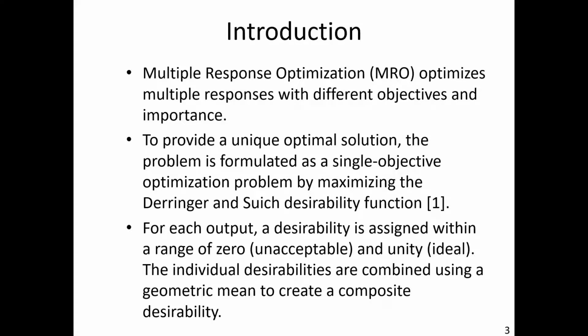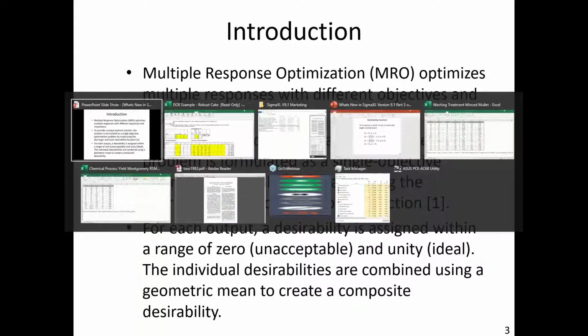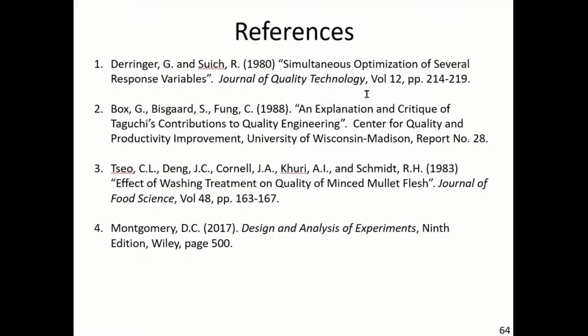Okay, so Derringer and Suich, the reference is from Journal of Quality Technology. So it's an important paper that gives the methodology and the formulas in what we're doing here. So this is the basis on which SigmaXL uses the desirability function, comes from this paper.